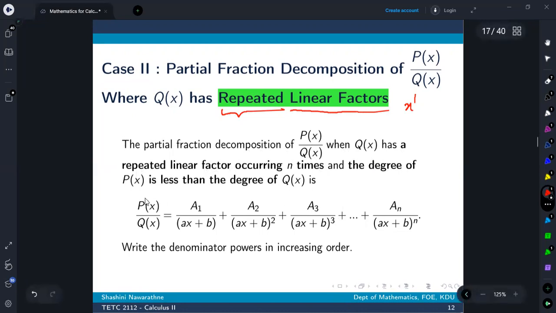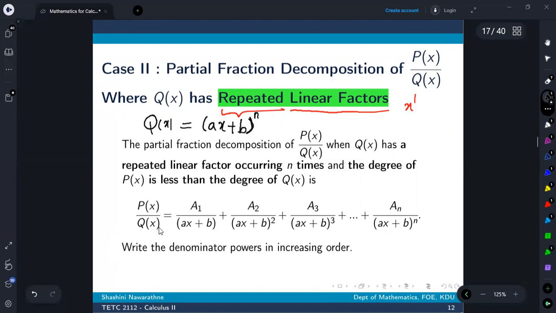We can write the expression to obtain the partial fractions in this manner. We consider the polynomial qx as having a linear factor ax plus b appearing n times, so qx is (ax plus b) to the power n.